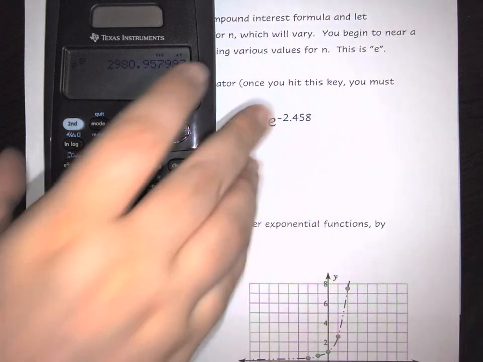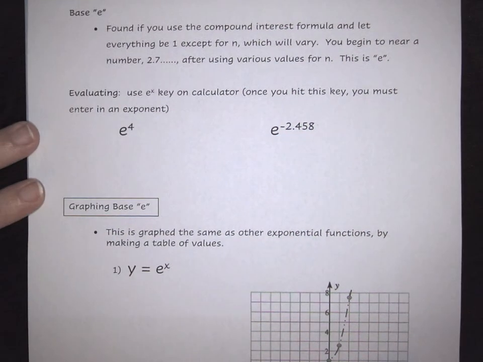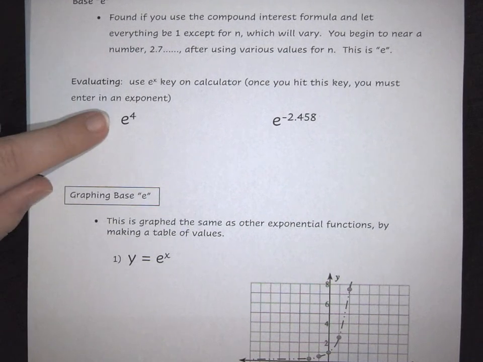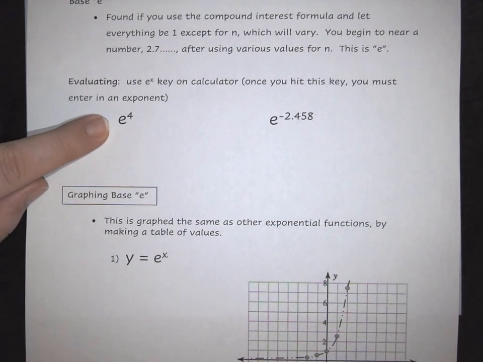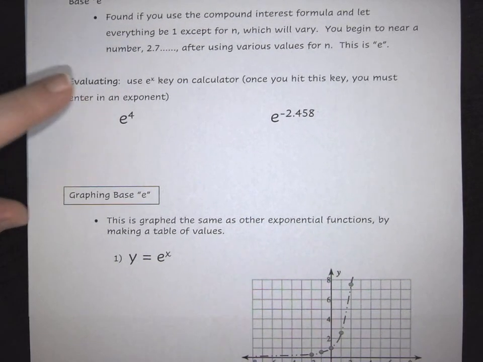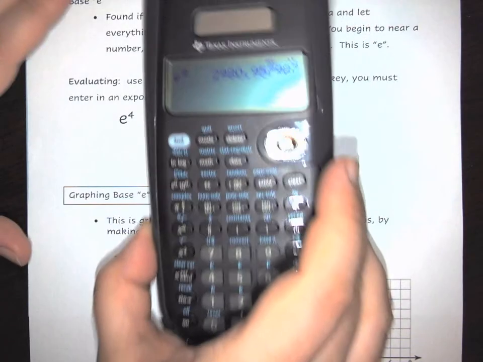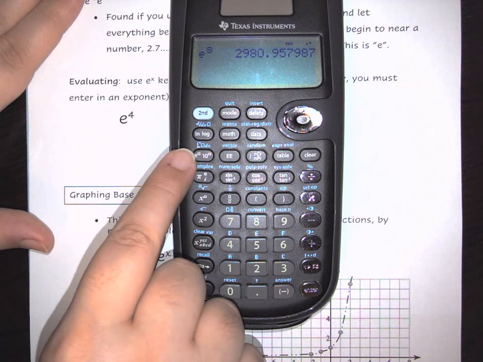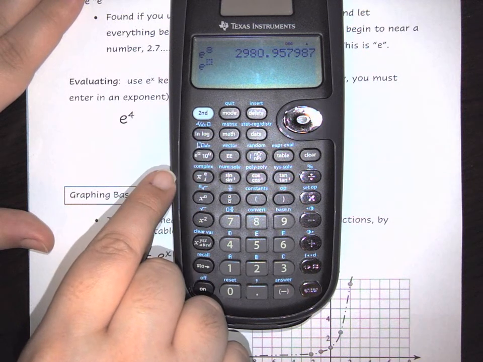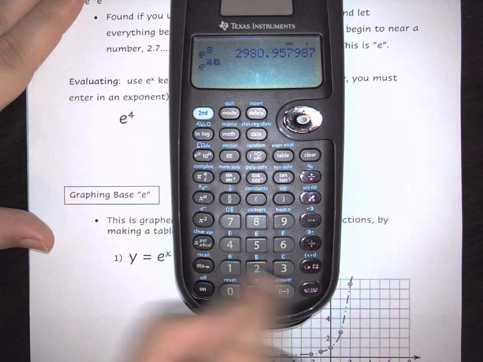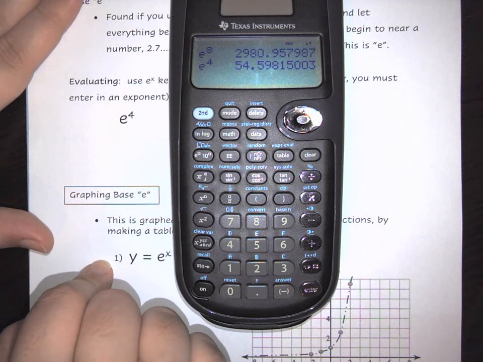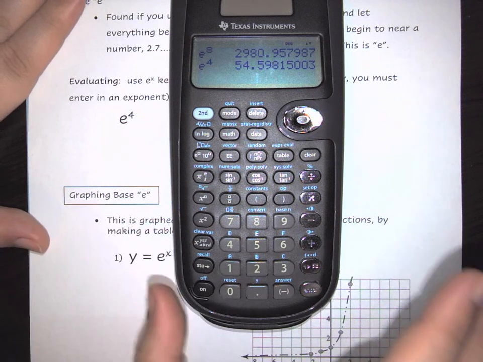So I want to go ahead and take a look here. We can evaluate, and so what you would simply do here is the same thing I just did. You would hit E to the 4. So I'll go ahead, we'll bring this one back. I want E to the 4, so I'm going to hit my E button. It says E to the power. I'm going to type in a 4 and hit enter, and it gives me this big long decimal.